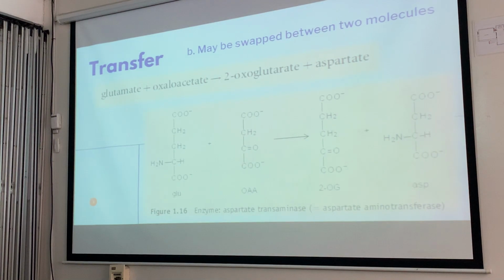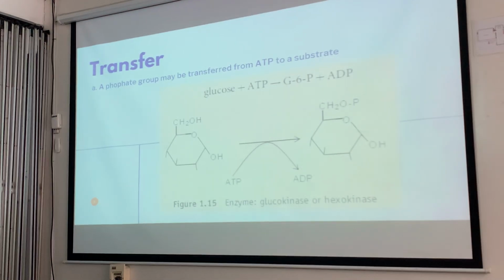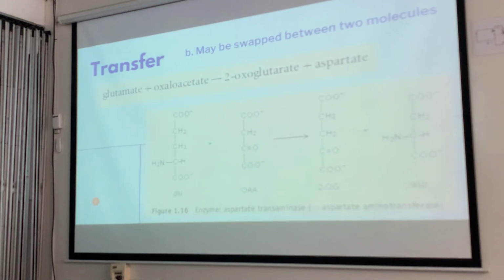So remember this one? Transfer reactions. Another is that swapping could happen between two molecules. For example, here we have glutamate and oxaloacetate to become 2-oxoglutarate and aspartate.